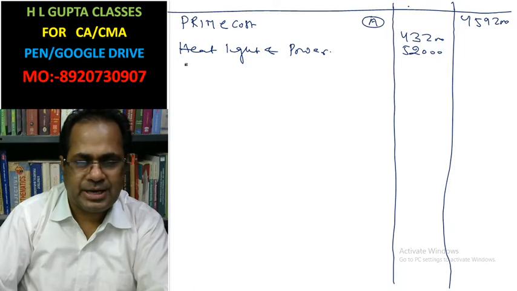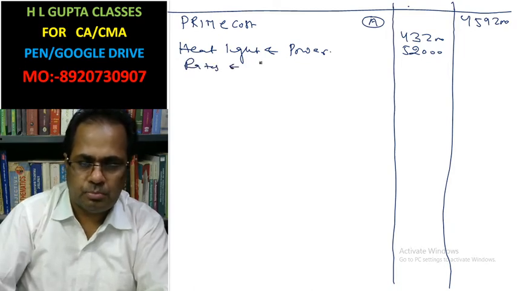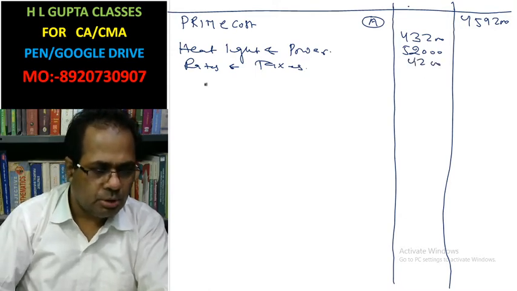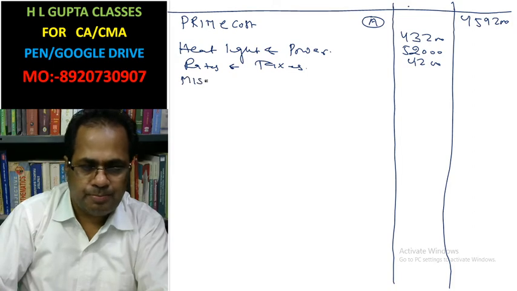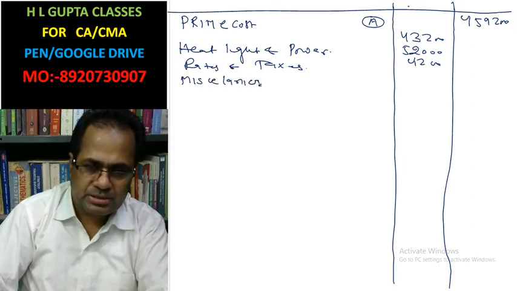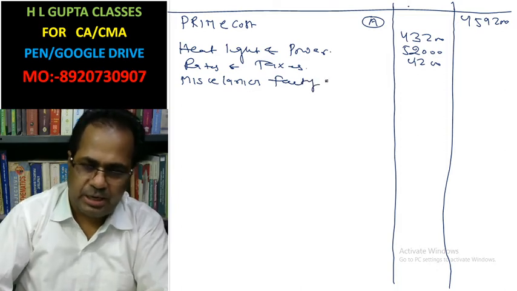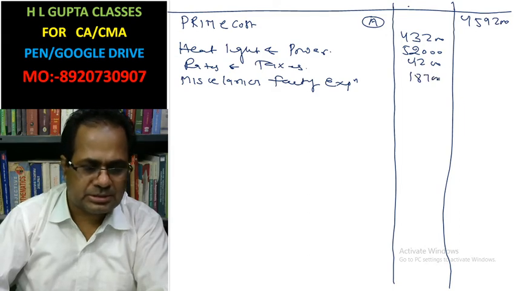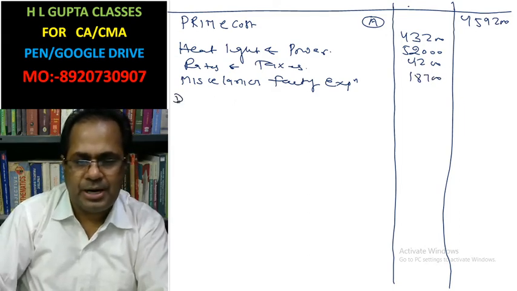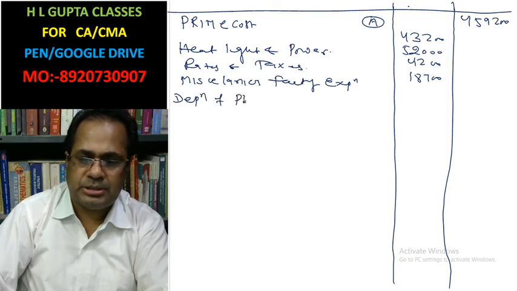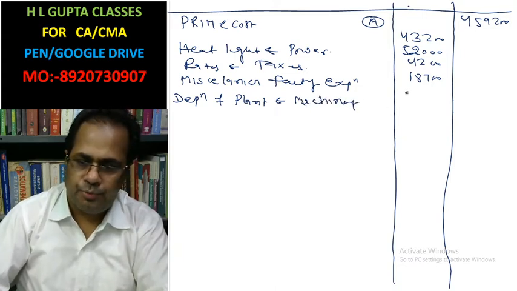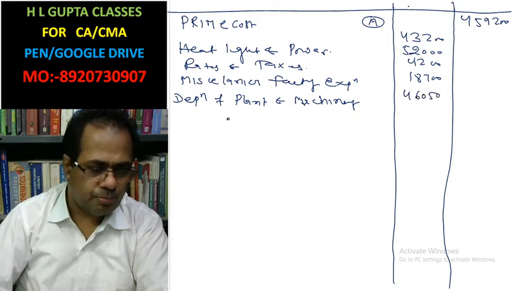Okay. Rates and taxes 4,200. Miscellaneous factory expenses, this is given in the question, 18,700. Depreciation of plant and machinery is calculated in the working note, 46,050.